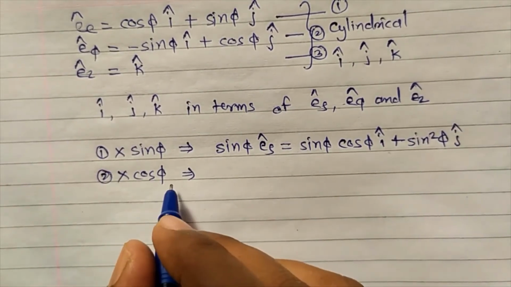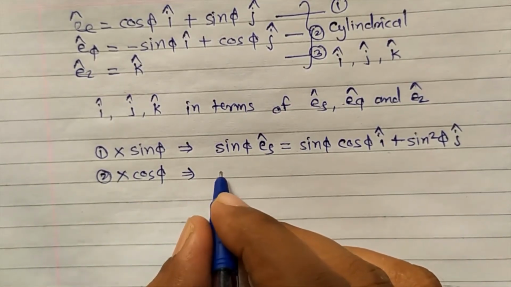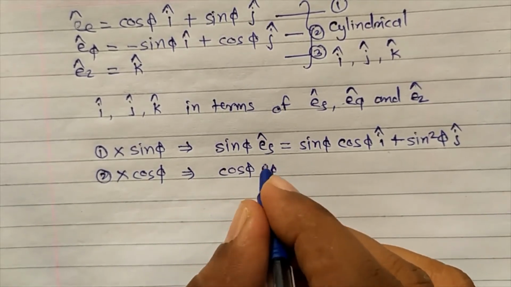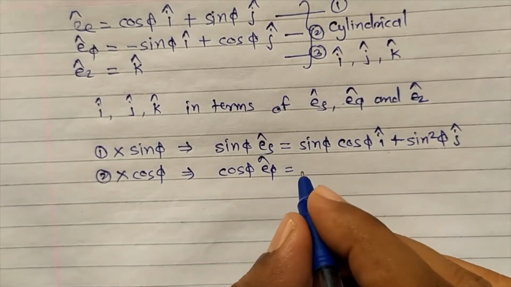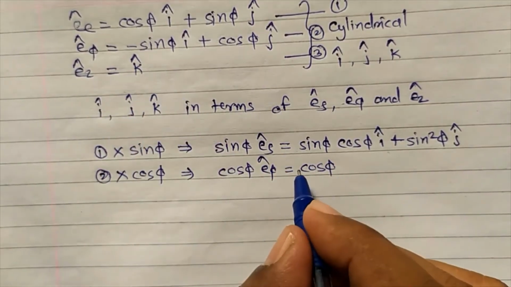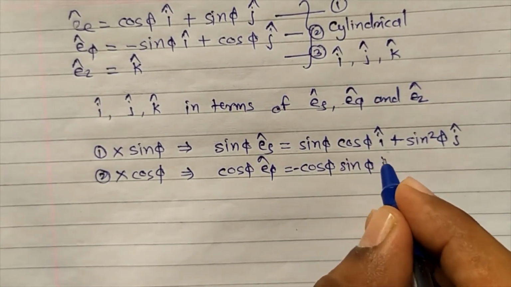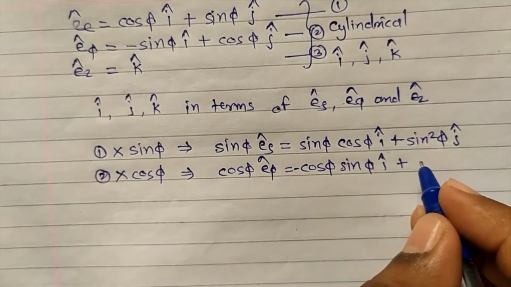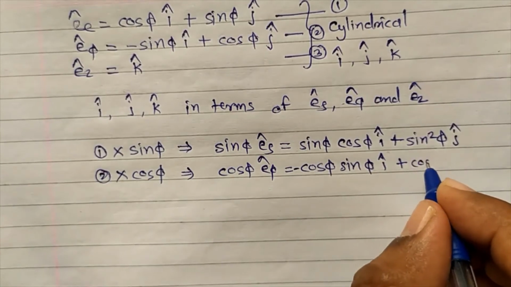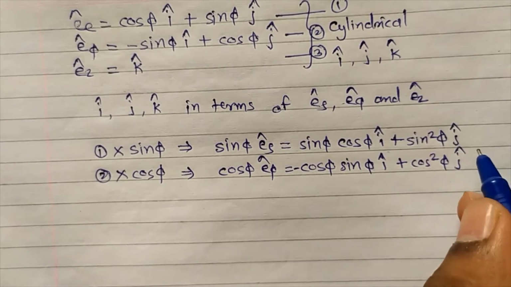Now multiplying equation 2 by cos of phi, we get cos of phi e phi cap is equal to minus sin of phi cos of phi i cap plus cos square phi j cap.